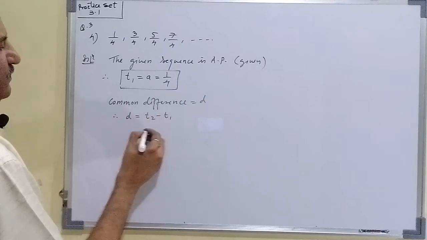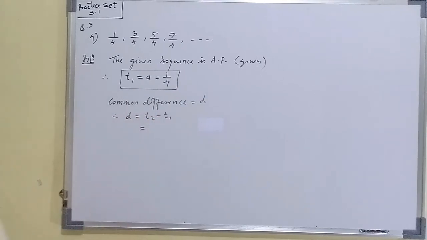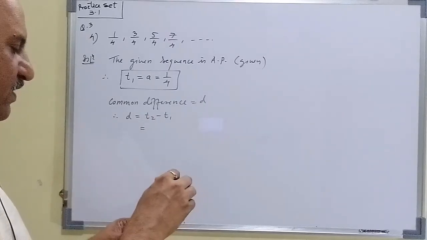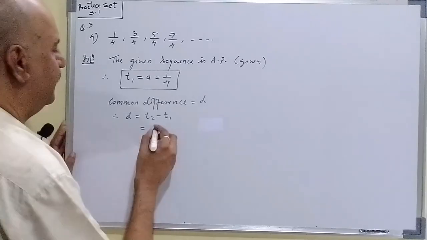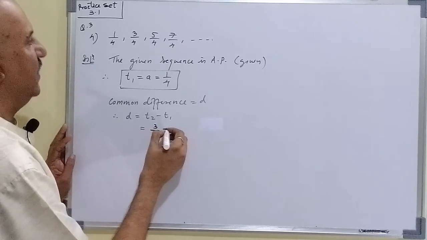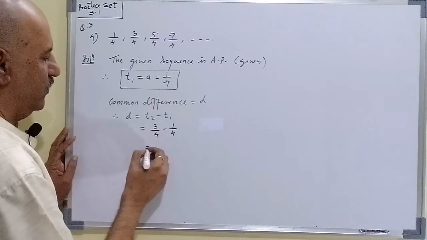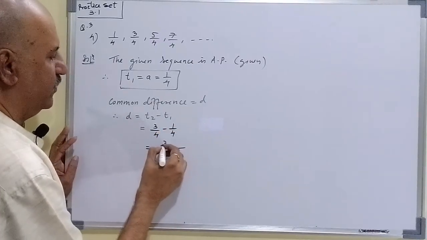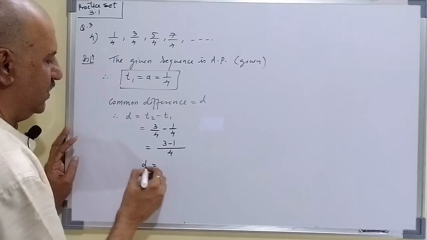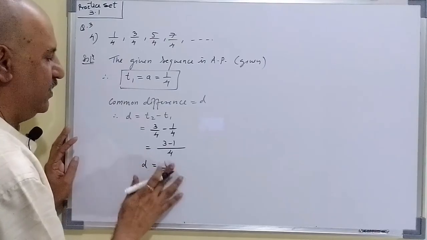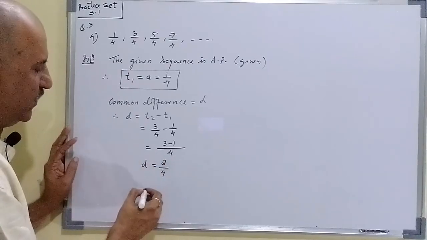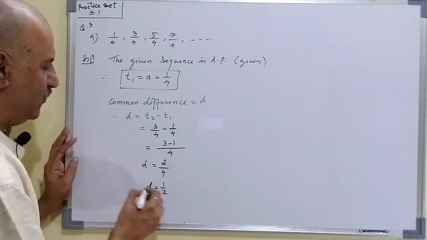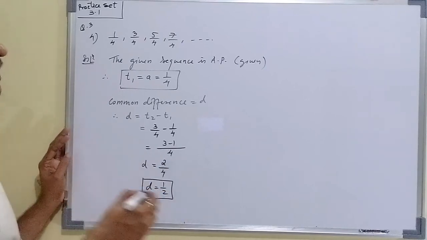T2 माइनस T1. So T2 कितना है? T2 is 3/4. It is 3/4 minus 1/4. So denominator is 4. 3 minus 1. तो D कितना हो गया? D is 3 minus 1 is 2/4. Divide करो 2 1s are 2. 2 2s are 4. Common difference ये मिला half.